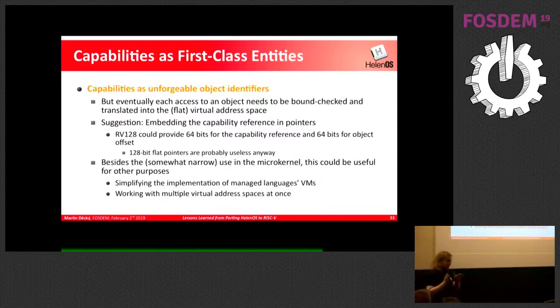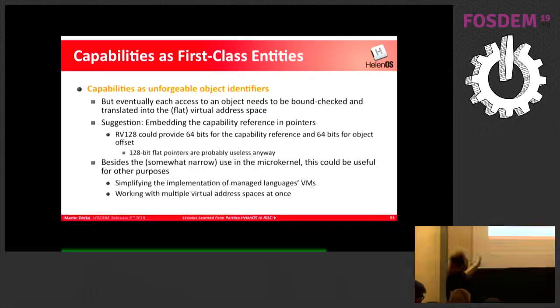But what about logically dividing the pointers into 64-bit object identifiers, or object capabilities in the parlance of microkernels, and 64-bit offsets? That would allow the hardware to do very efficient bounds checking, to make sure that only the owners of the objects have access to them and stuff like that.